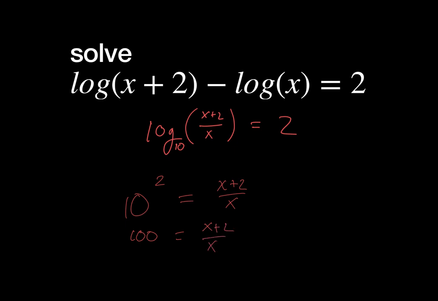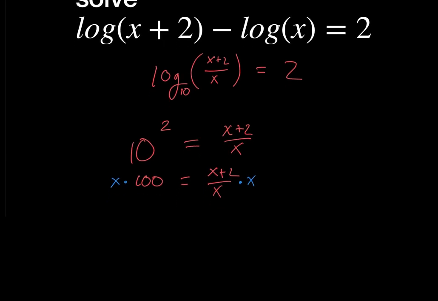I need to get rid of my fractions. I'm dividing by x, so I multiply both sides by x. I then have 100x equals x plus 2. These x's reduce; that was the design of it. Now I just have x's and numbers, so I'm back to algebra. Solving for x, move all my variables to one side.